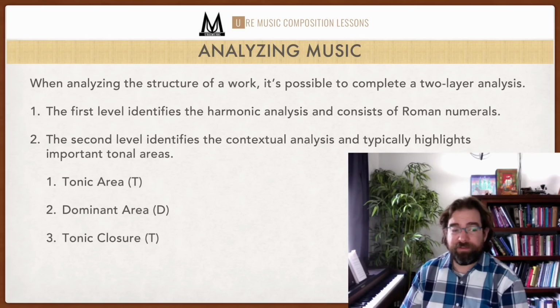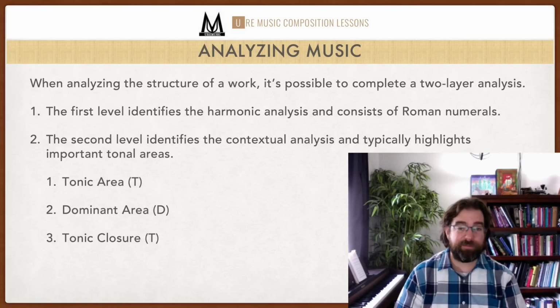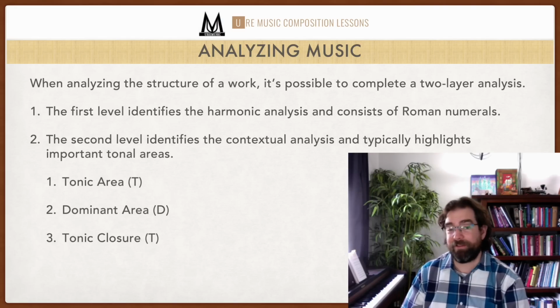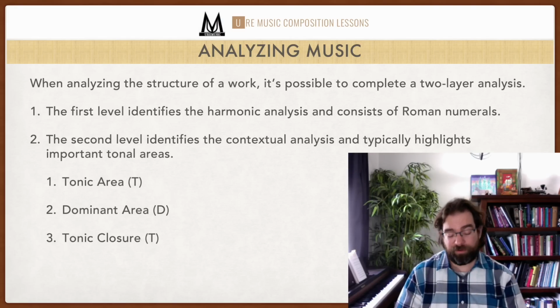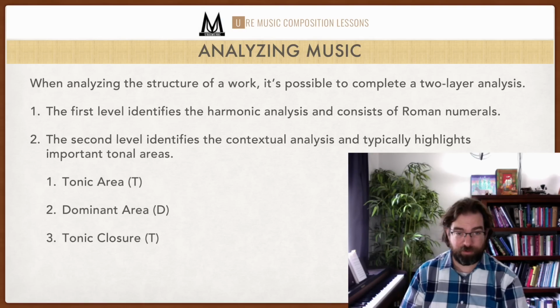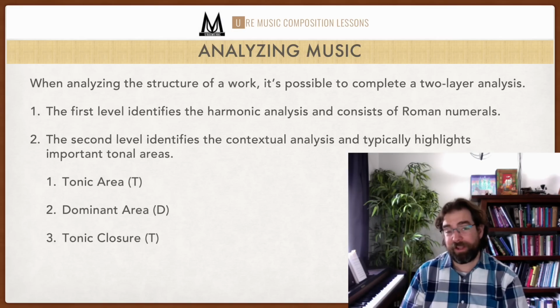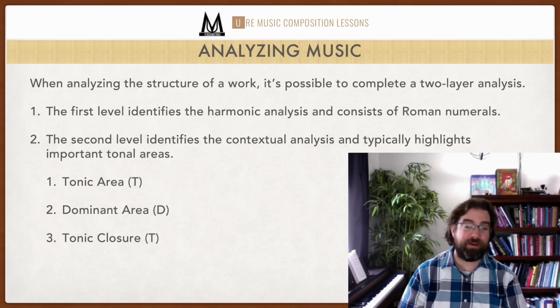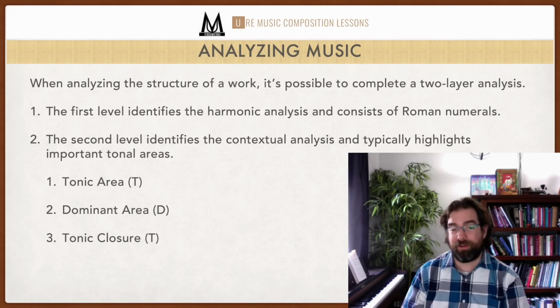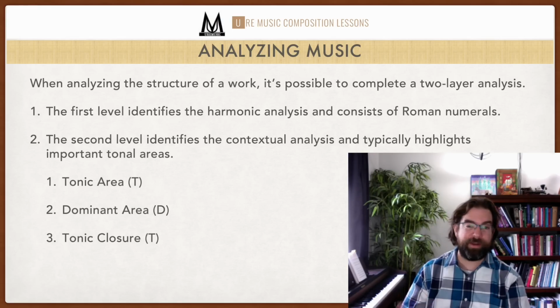So when you're analyzing the structure of a work, it's possible to complete a 2-layer analysis. The first layer is just a harmonic analysis and consists of Roman numerals and Romanettes. Like we learned, each scale degree has its own Roman numeral, and depending on whether it's major or minor, you need to use a Roman numeral or a Romanette.